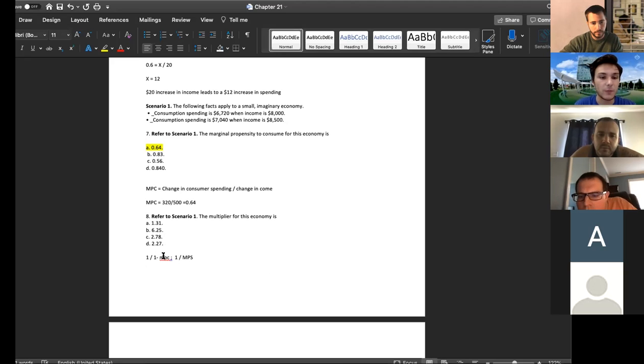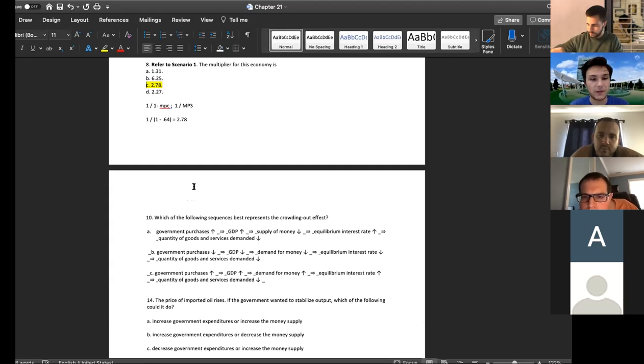But since we know the marginal propensity to consume, we can do this as 1 divided by 1 minus 0.64. 1 minus 0.64 is going to get us 0.36. So 1 divided by 0.36 gets us 2.7 repeated, or roughly 2.78. And so in that case, 8C is going to be our answer.